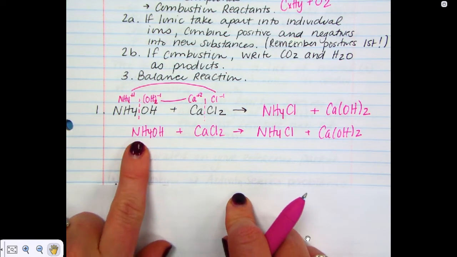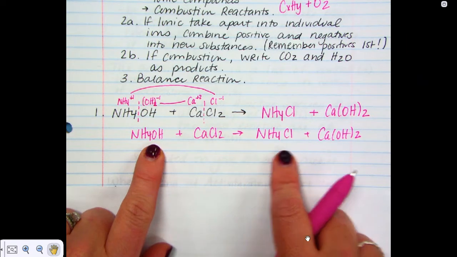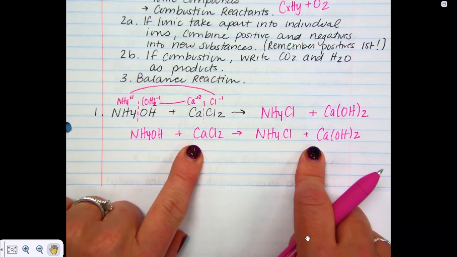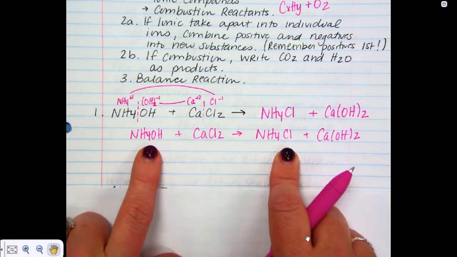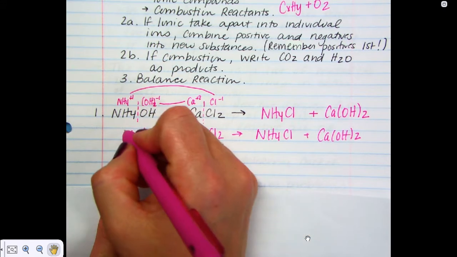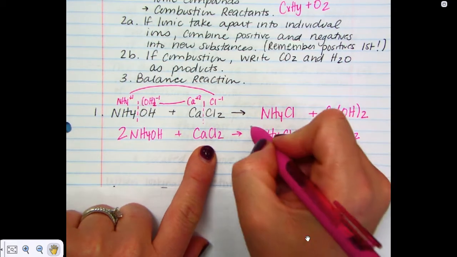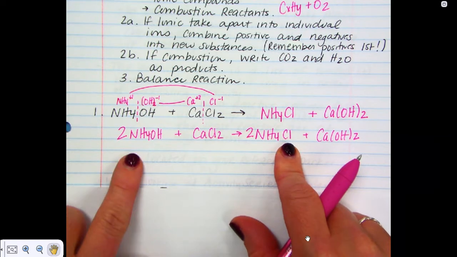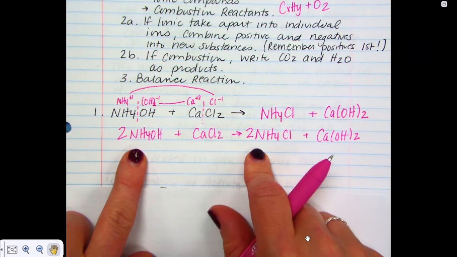So I have one NH4, one NH4, one OH, two OHs, one Ca, one Ca, two Cls, one Cl. So I need more OH on this side and more Cl on this side. I'm going to put a 2 in front of the NH4OH. That's going to give me two OHs. I'm going to put a 2 in front of the NH4Cl on that side. That's going to give me two Cls. And then it also gives me two NH4s and two NH4s. So I'm good.